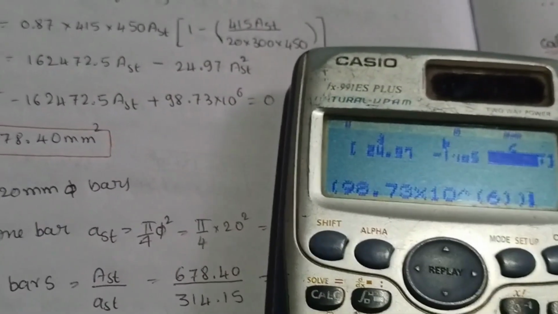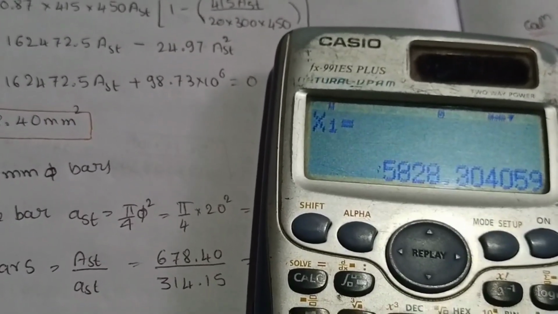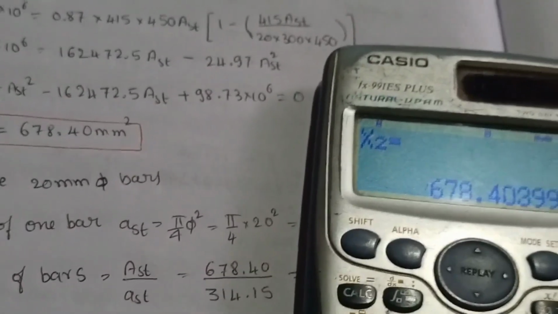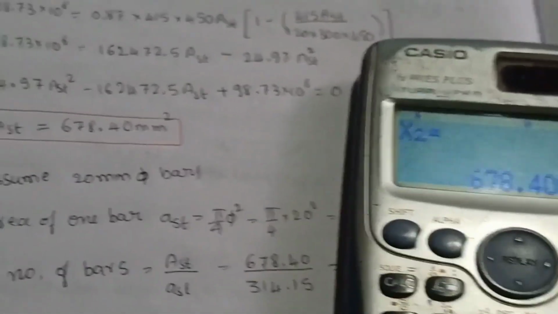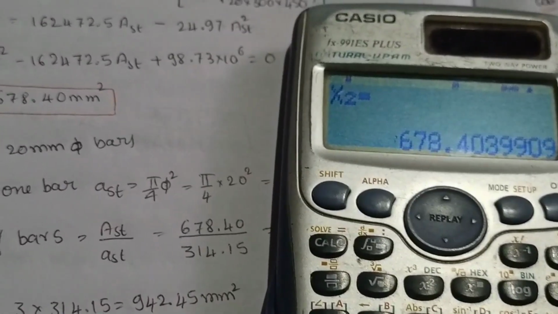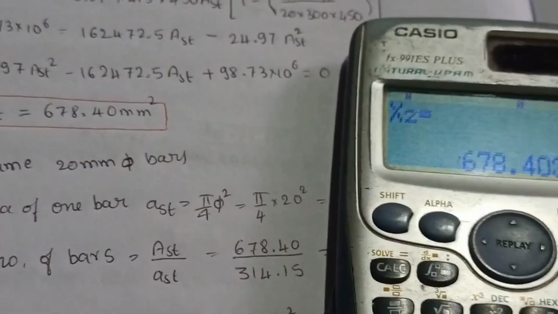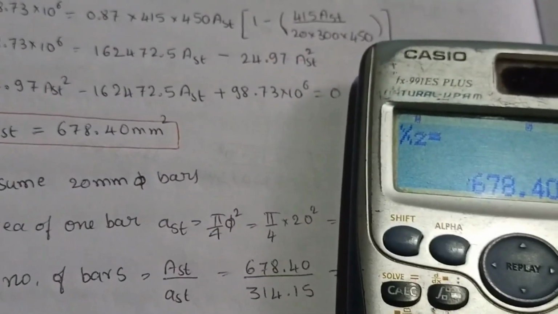So 10 to the power of 6. Substitute. So after simplifying, we'll get our AST value as 678.40. So this is how we calculate the AST by quadratic equation.